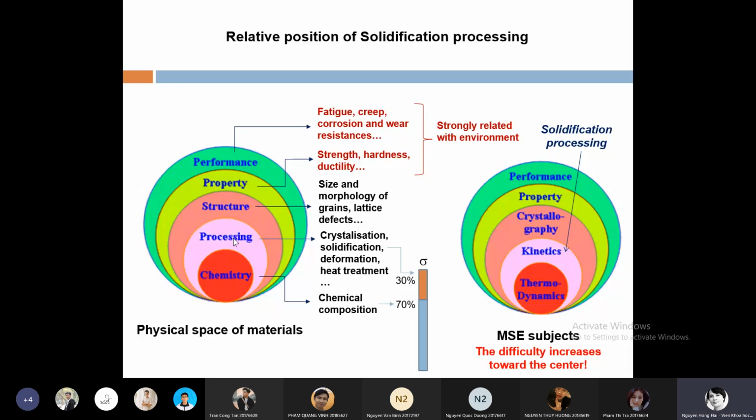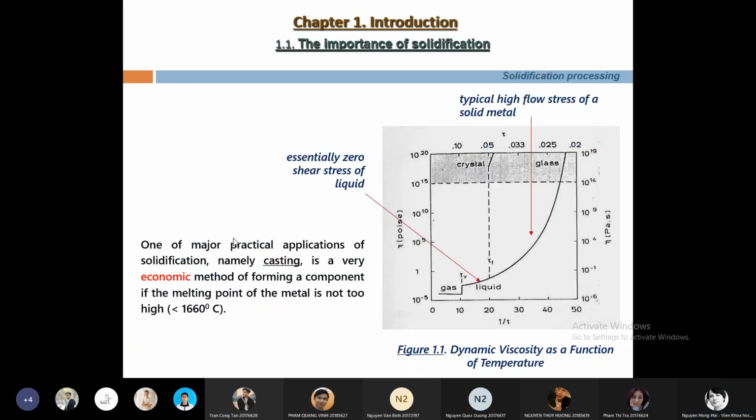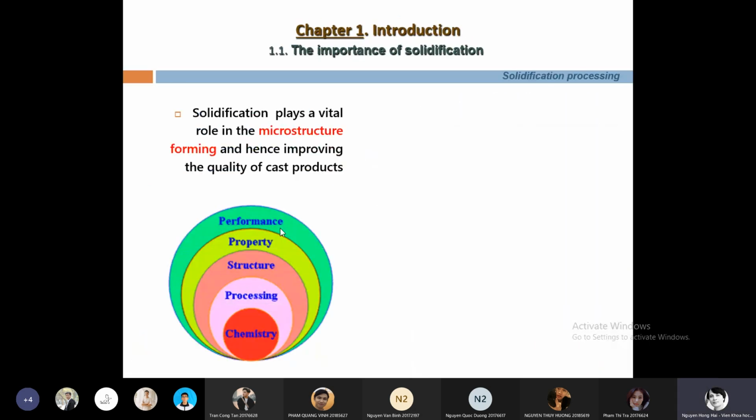Okay. So solidification is the pattern drawn in the microstructure forming. Chemistry, processing, and we have the structure determining the property and purpose. It's the loop.